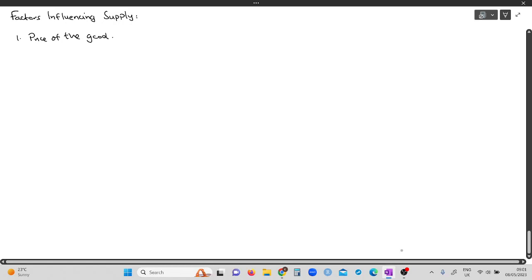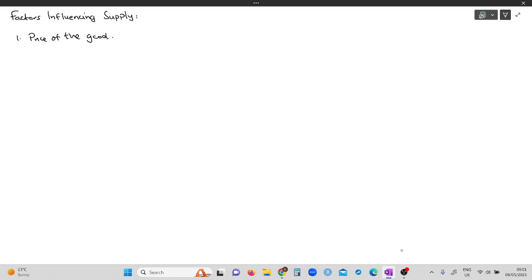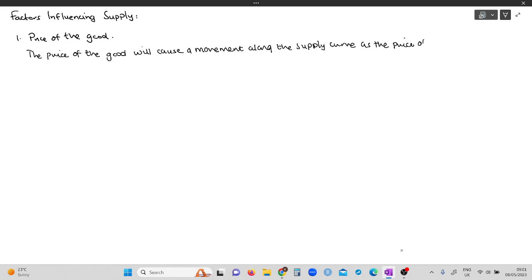So the price of the good will cause a movement along the supply curve as the price of the good itself changes.